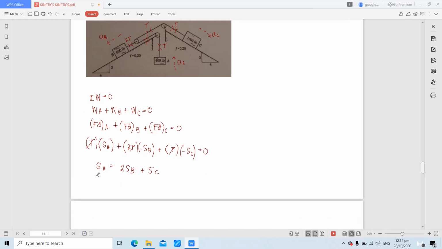And also, we can say that velocity of body A will be equivalent also to 2 velocity of body B plus velocity of body C. Same with their accelerations. Acceleration of body A is equivalent to twice acceleration of body B plus acceleration of body C. And this is what we call kinematic relationship of these three bodies involved in this system.